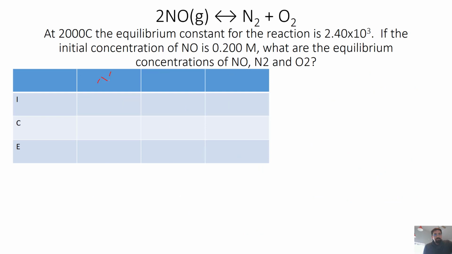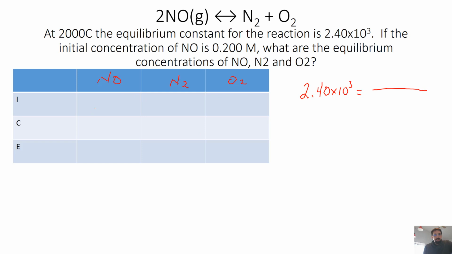Okay, this reaction is going to require that we have nitrogen monoxide, nitrogen gas, and oxygen gas being used. We're given the K value is 2.40 times 10 to the third, and we're going to set that equal to our terms.